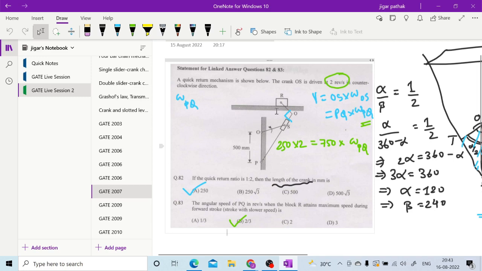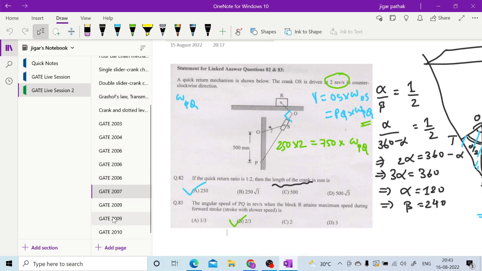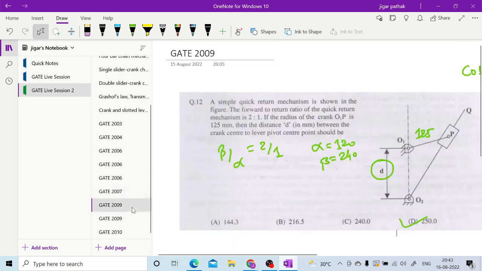The angle between PQ and RQ will be 90 degrees, or 180 degrees, for maximum velocity at R? It will be 90 degrees, right? Still, I will check. You can also check. We'll see that. For now, let us move on.